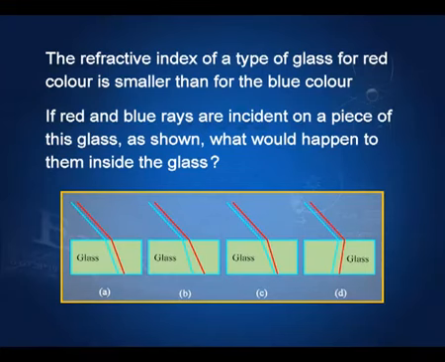When 2 rays, one of blue color and one of red color, enter, they do not go parallel, because they bend to different extents. Red bends less than the blue, not the other way around, and they do not bend like this because the refractive index is not negative.